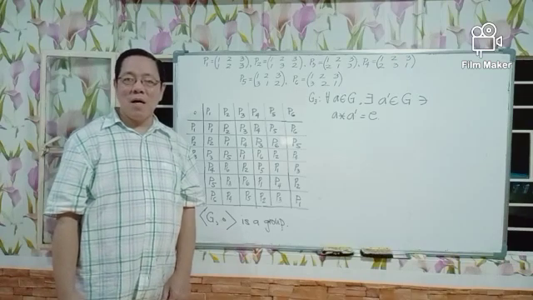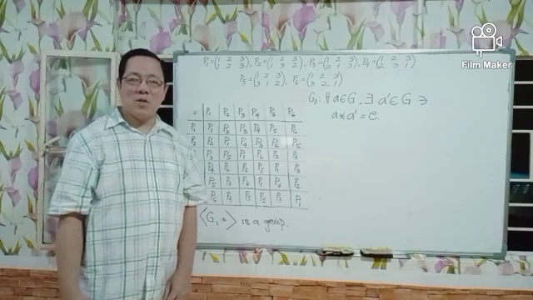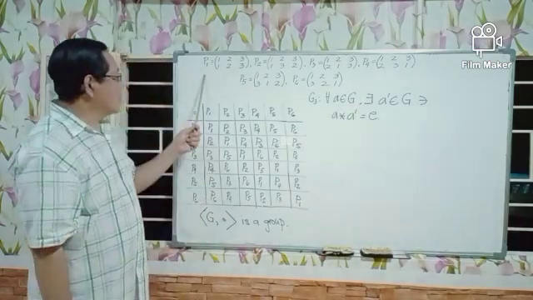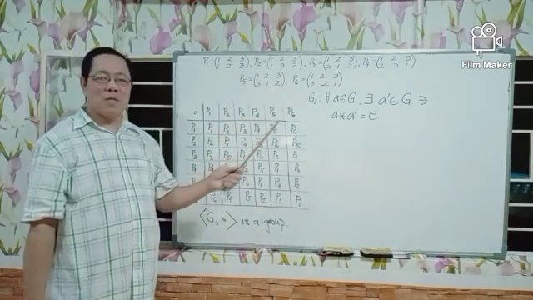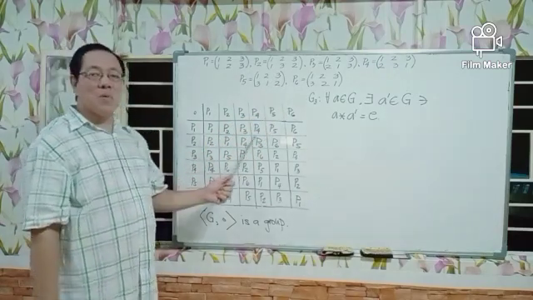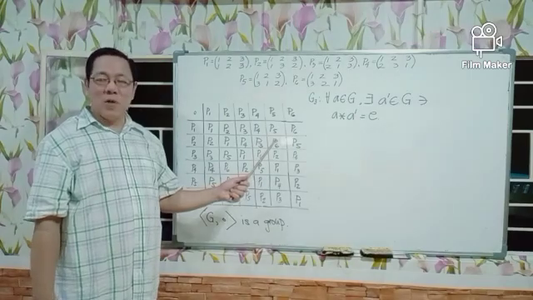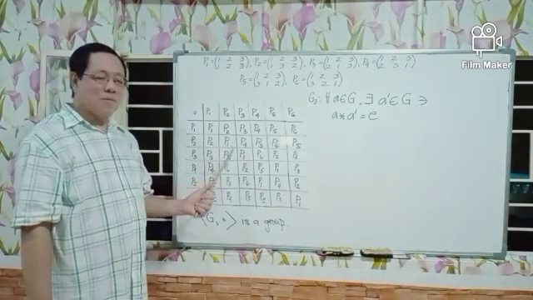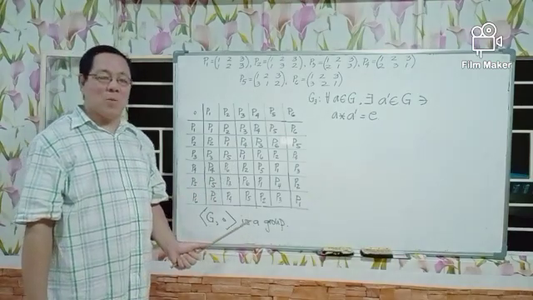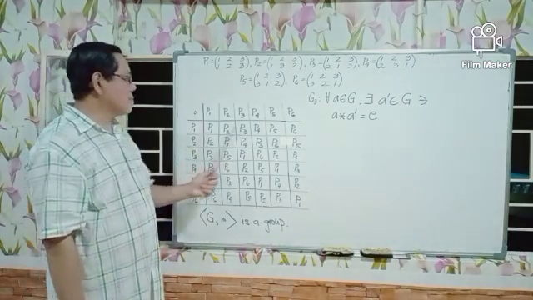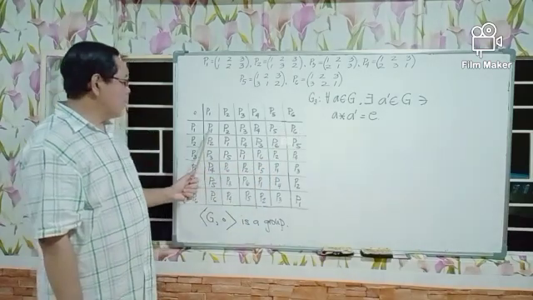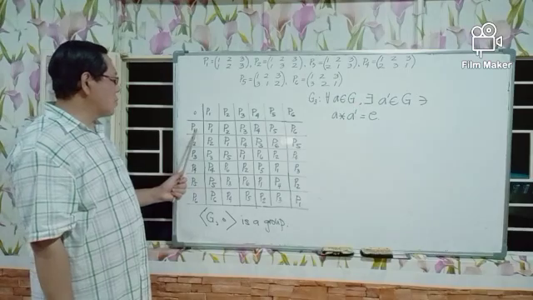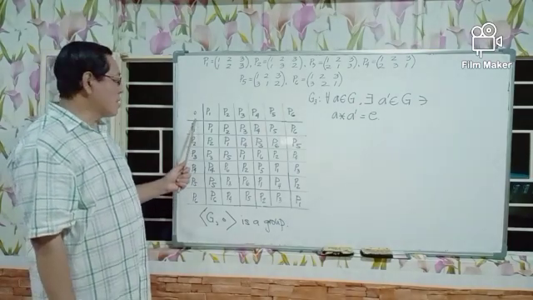Now, to find the inverse elements of each of these functions P1 up to P6, you inspect each row for the identity element. And the identity element we have shown earlier is the function P1. In row 1, we have the identity element P1 in this cell, and P1 is equal to P1 circle P1.